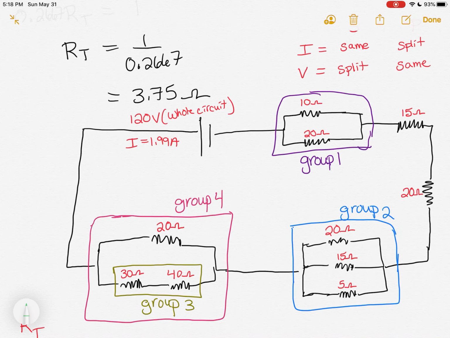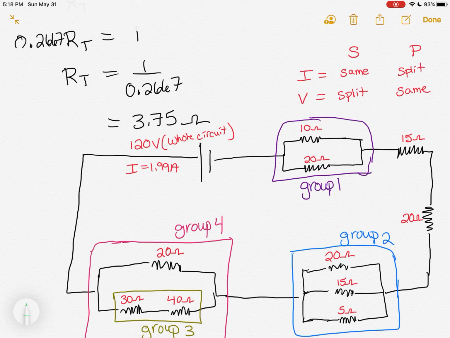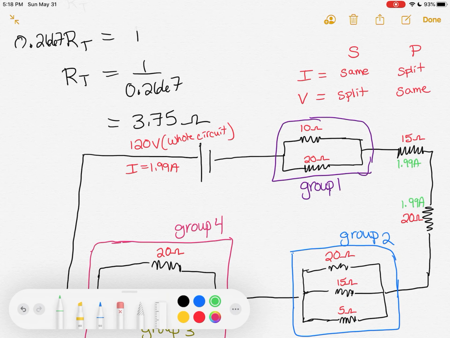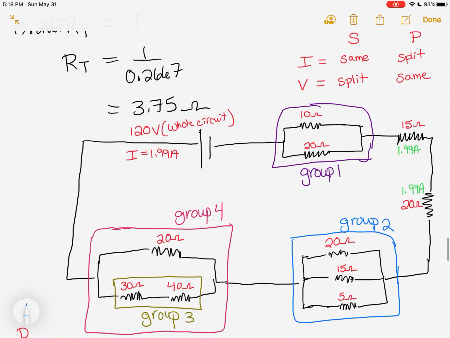So the current going through this 15 ohm resistor and this 20 ohm resistor has to be the same as the current that's flowing through the entire circuit because those are in series with each other, okay? And so that means that the current here is 1.99 amps. And the current down here is also 1.99 amps, okay? That means we can find the voltage at both of those resistors. And so we're going to find the voltage, and I'm going to write the voltages in blue, okay?